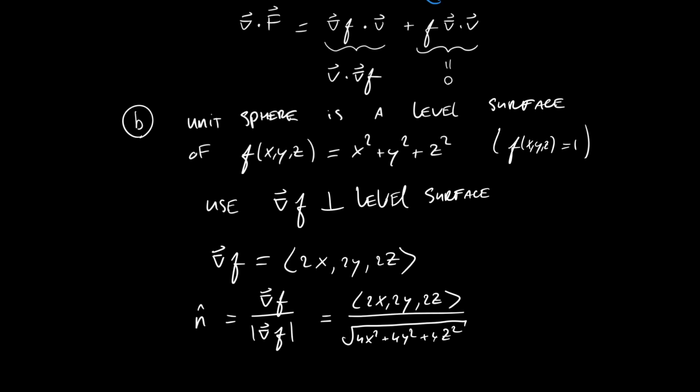And we have to notice that, of course, we are on a unit sphere. So x squared plus y squared plus z squared is 1. So the square root in the denominator becomes the square root of 4. That's 2. And so if we divide this entire thing by 2, we get the vector x, y, z. So that's a vector of length 1 if we are on the unit sphere.